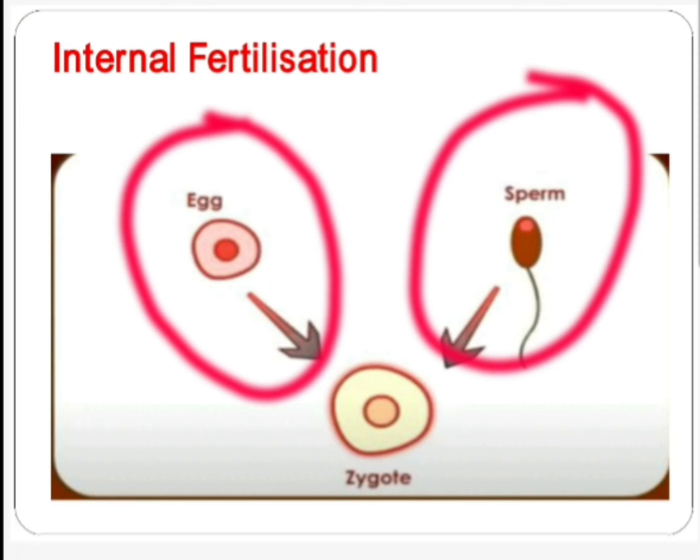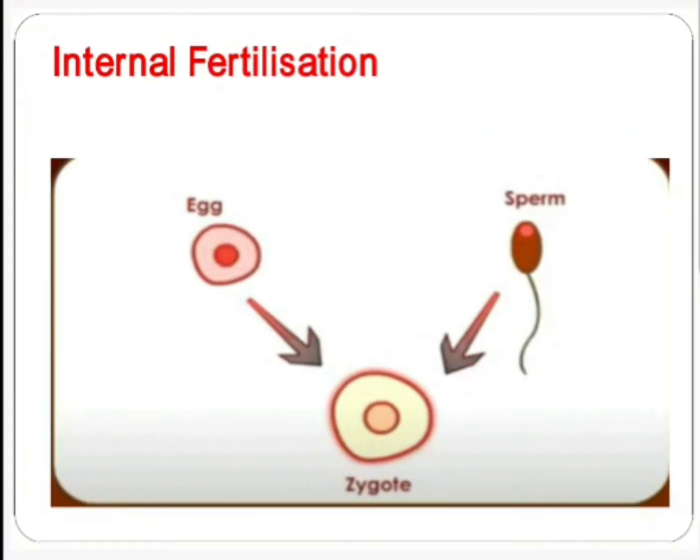So the new individual inherits some characteristics from the mother and some from the father. Look at your brother or sister. See if you can recognize some characteristics in them similar to those of your mother or of your father.